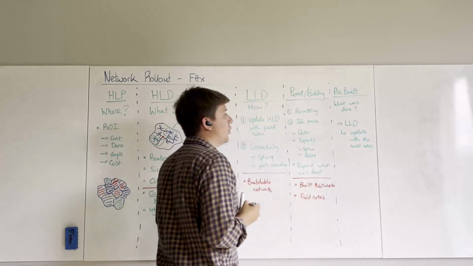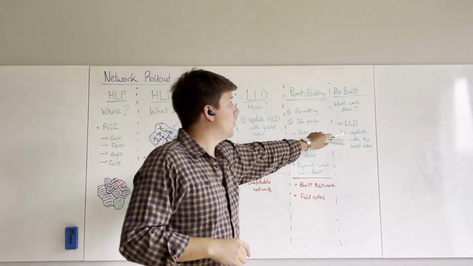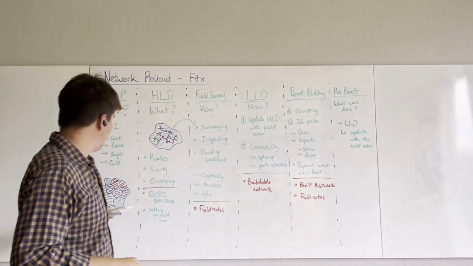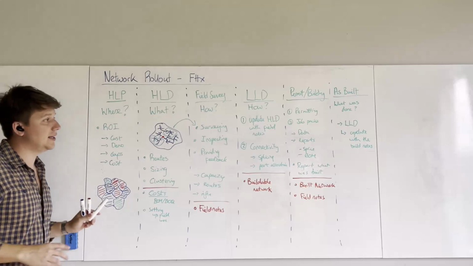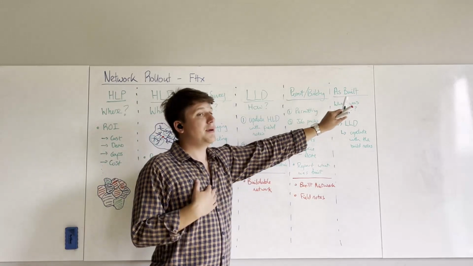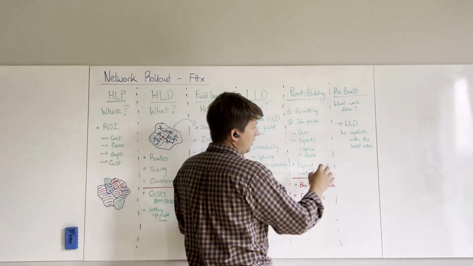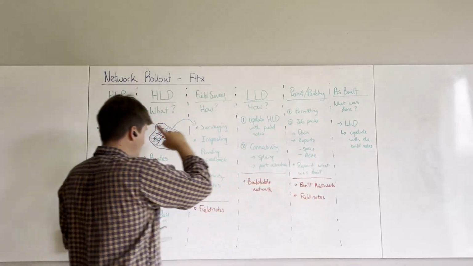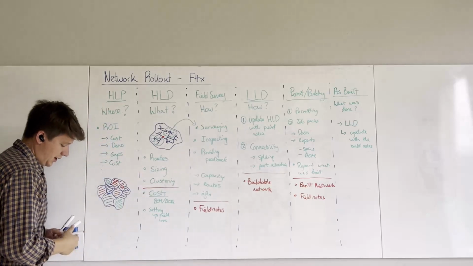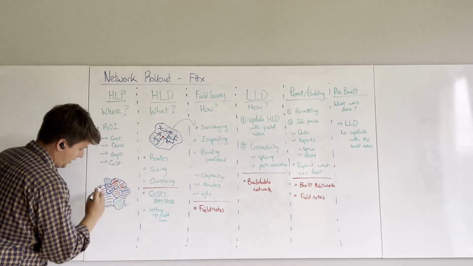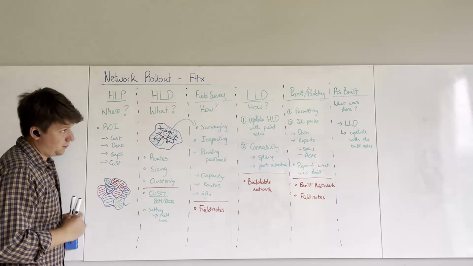Now this is really important, and you should not consider an area down here complete and built out, in my opinion, until this as-built process has been done. Only once all of this has been updated should you come back to here and say, okay, tick, we've done that area, let's move on to the next one.